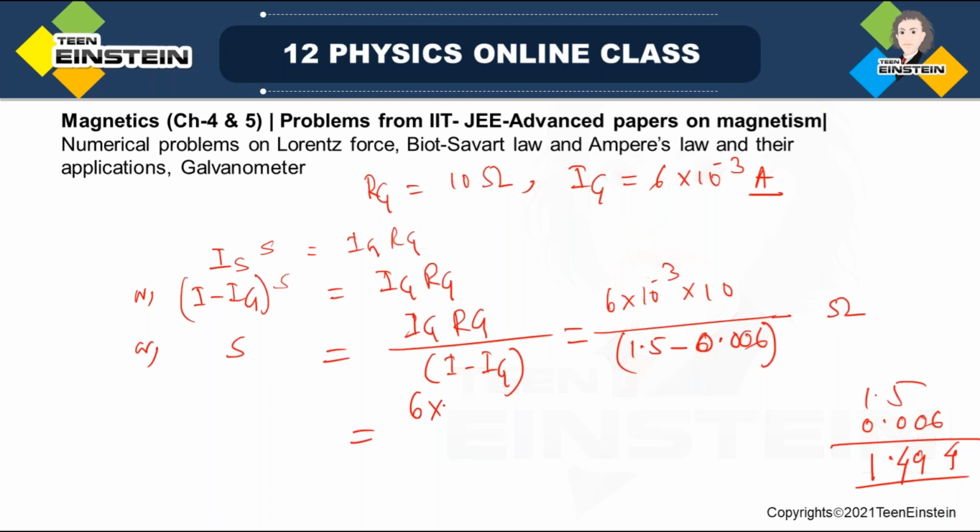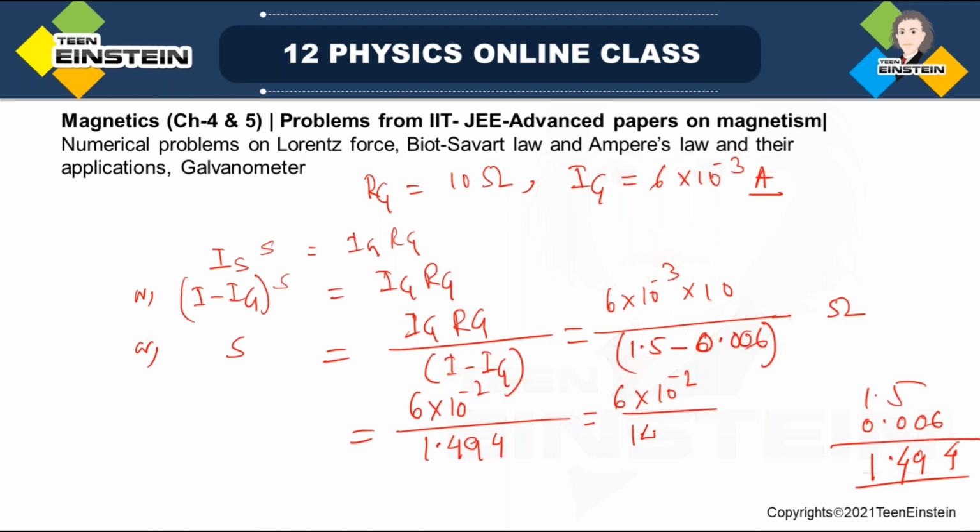And this is 6 into 10 to the power minus 2 divided by 1.494. I can just approximate it to 1. No, it's okay. So this is okay. Let me just do one thing. 10 to the power minus 2 and here 1.4.